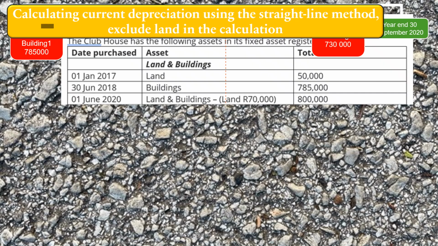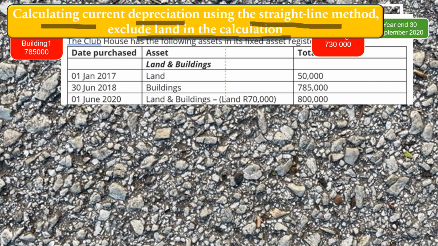Now, calculating current depreciation using the straight line method again, excluding land in the calculation. So here we're going to do depreciation for land and buildings, but when we do depreciation for land and buildings, we need to exclude the land amounts because the buildings are depreciated.